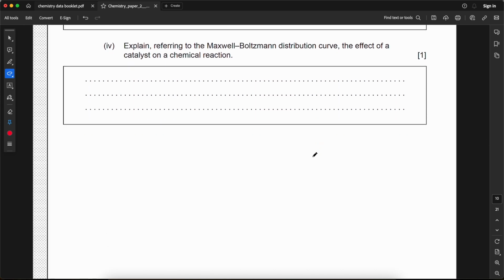Explain, referring to the Maxwell-Boltzmann distribution curve, the effect of a catalyst on a chemical reaction.